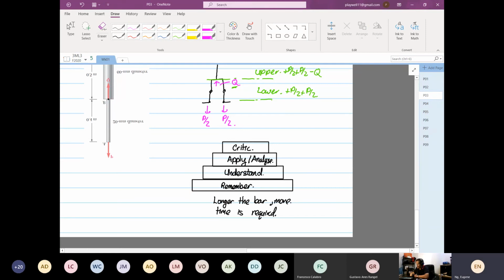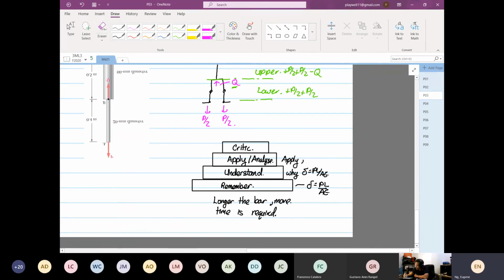So remember, it's easy. Today, I want you all to remember what? Deflection is equal to PL over AE. Next, we're going to understand why deflection is equal to PL over AE. And now we're applying.